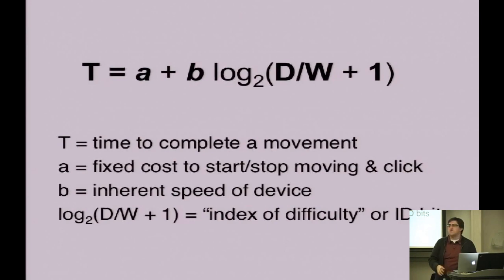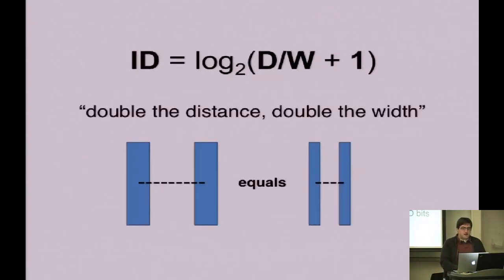So B is sort of how quick your device is, how good it is at pointing. That's perhaps taking it too far, but it's just this inherent speed factor, this inherent efficiency factor. The big log section is this fancy computation to get the index of difficulty.